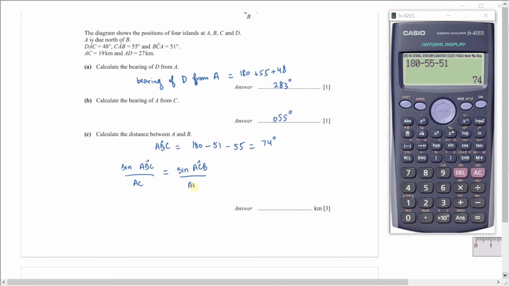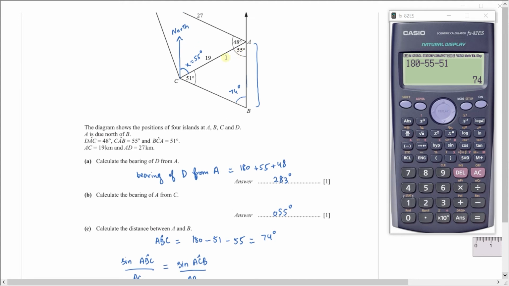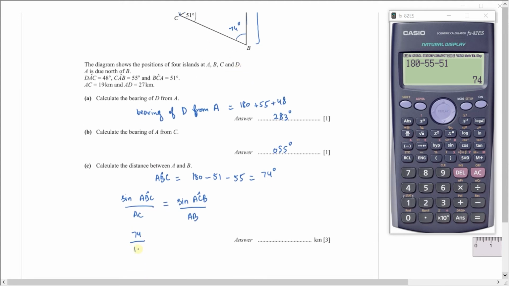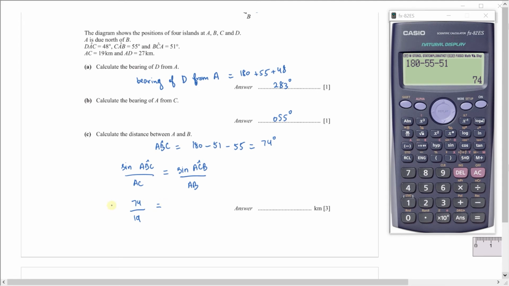So now let's substitute the values. Angle ABC is 74 degrees. So sine 74 over length AC, which is 19, equals sine of angle ACB, which is 51 degrees, divided by AB, the unknown.